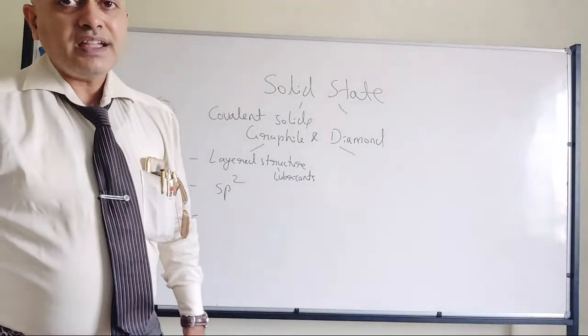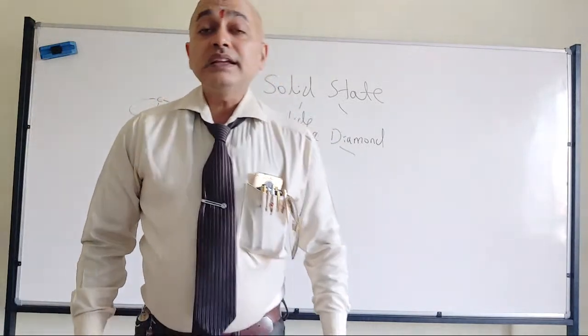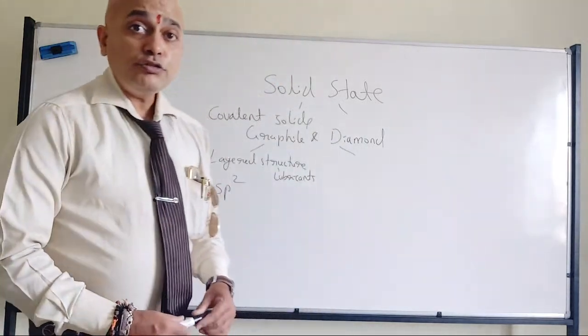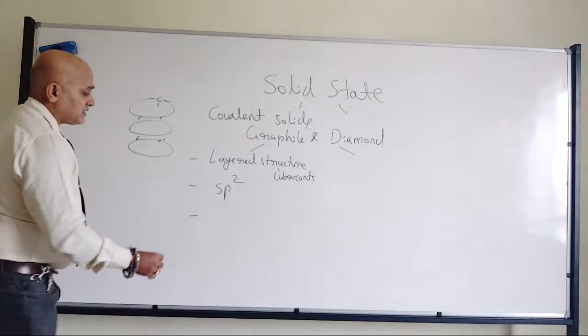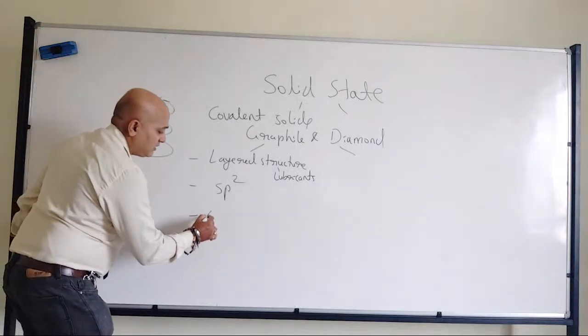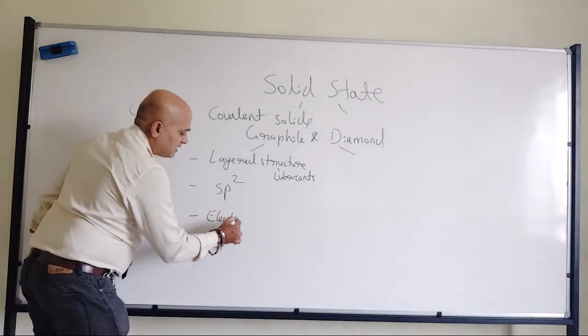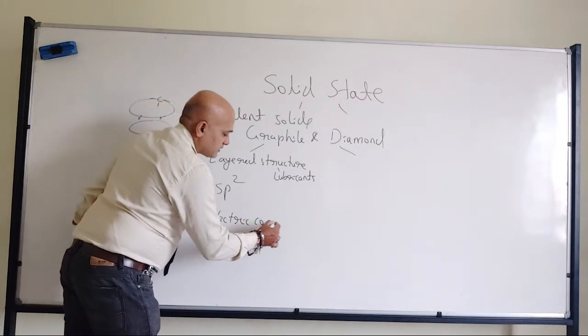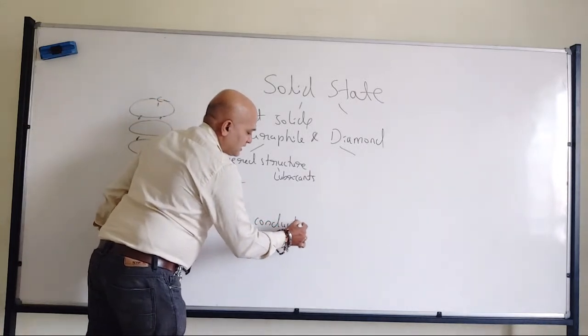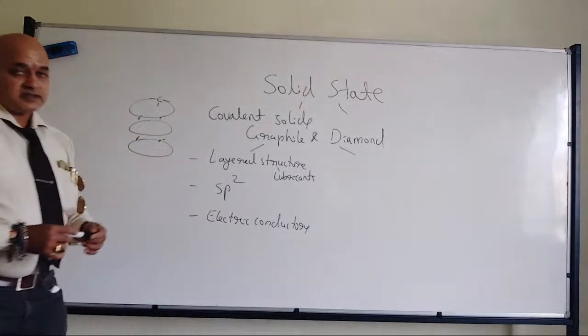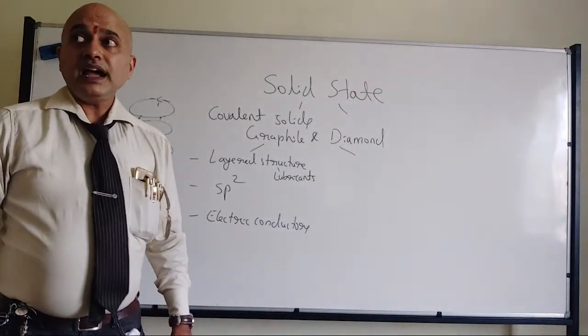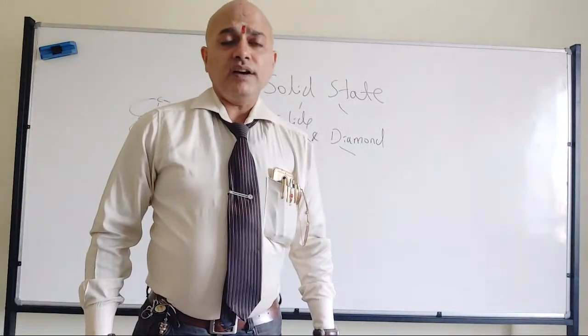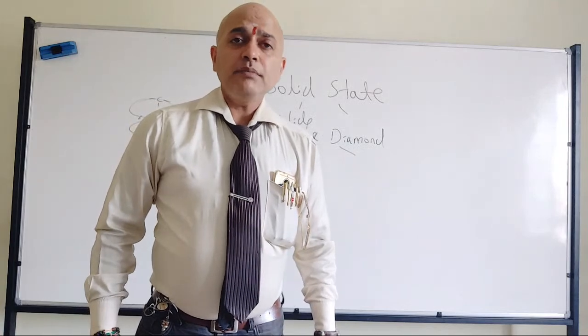In each layer we have freely available electrons, and due to the availability of these electrons, graphite is a very good electric conductor.